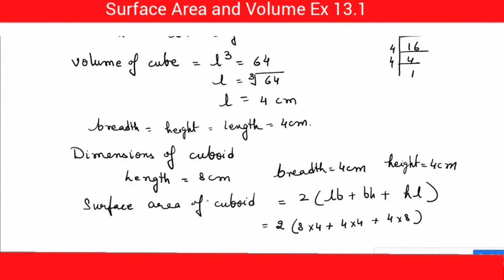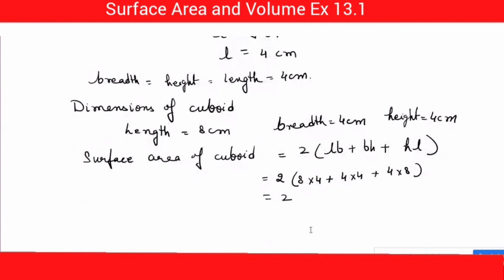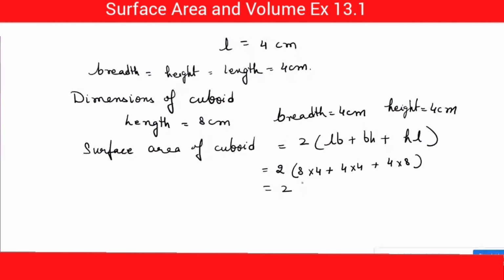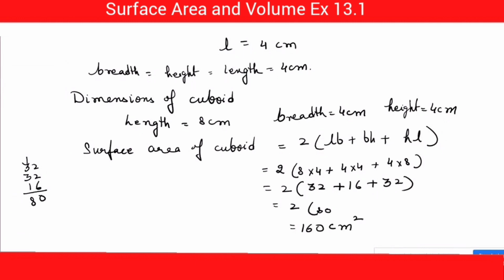In place of L we write 8. Now after multiplying, we get 32, 16 and 32. Now sum up all of them, we get 32, 32 and 16, that means 80. That means 160, and it is surface area, so we write its unit centimeter square.